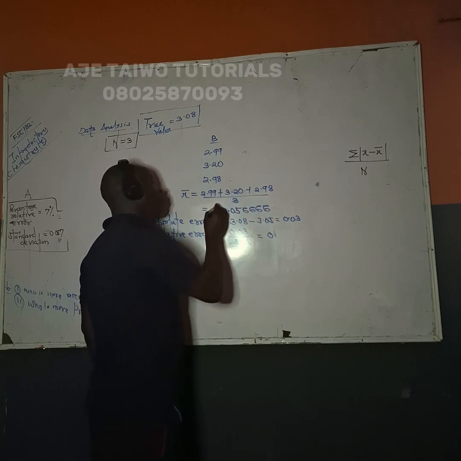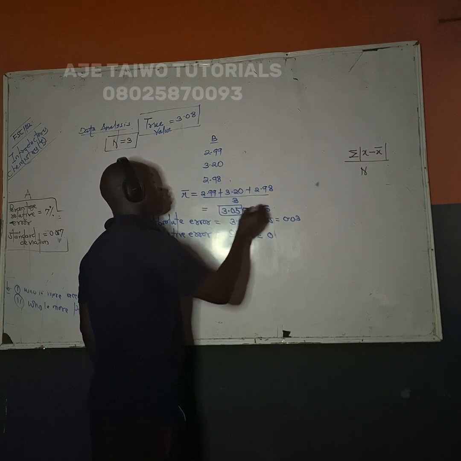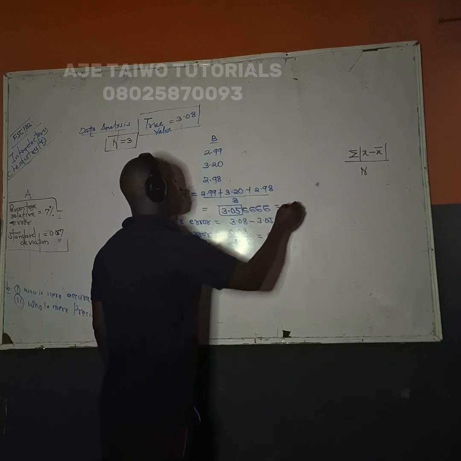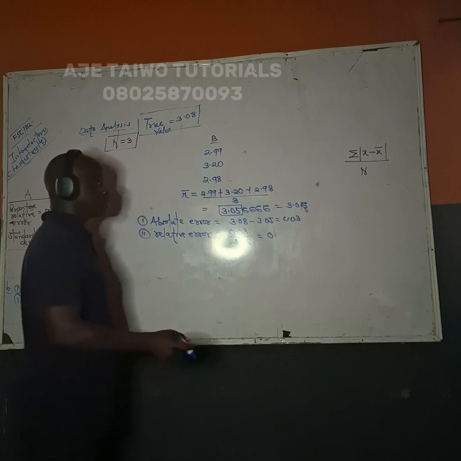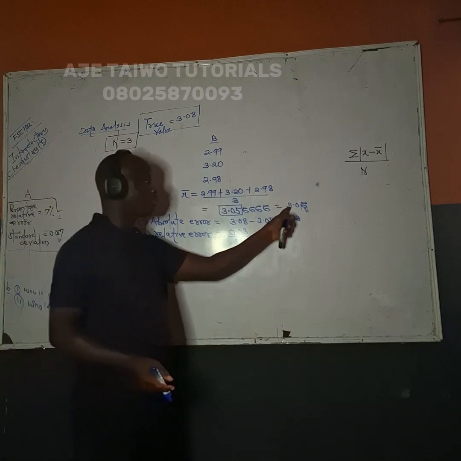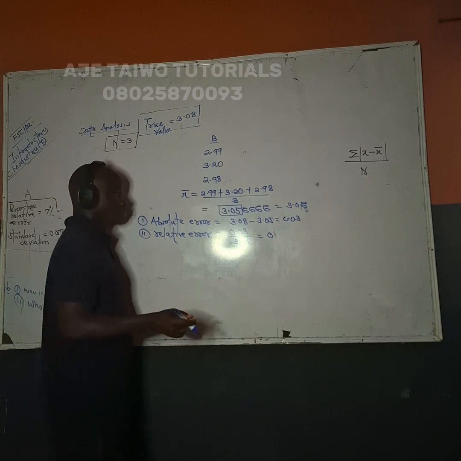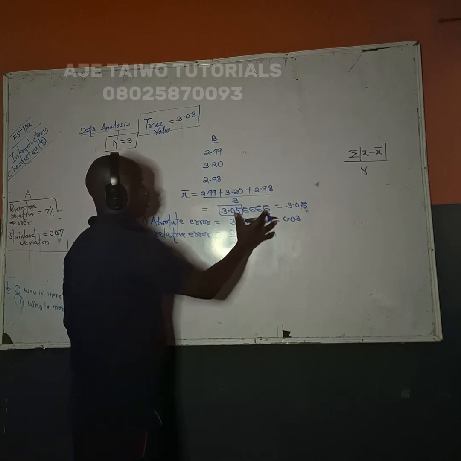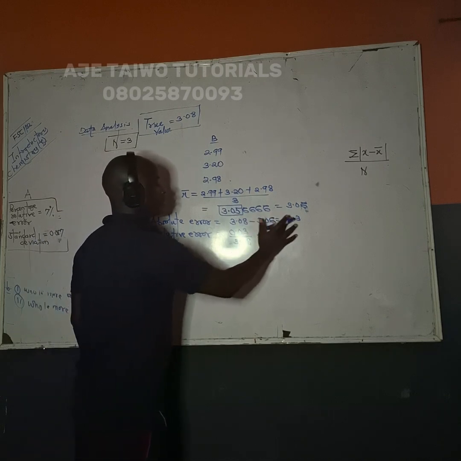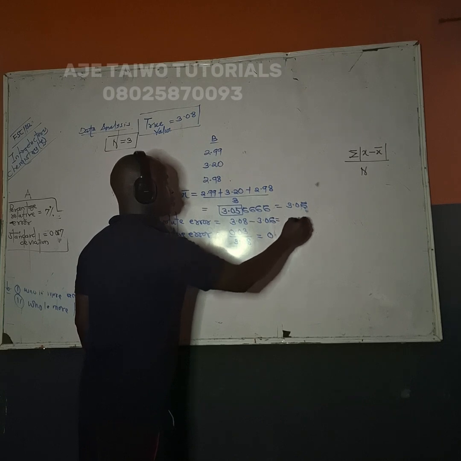So why did you give me 3.05? If you want to approximate, you are supposed to give me 3.06. So this is now 0.02.